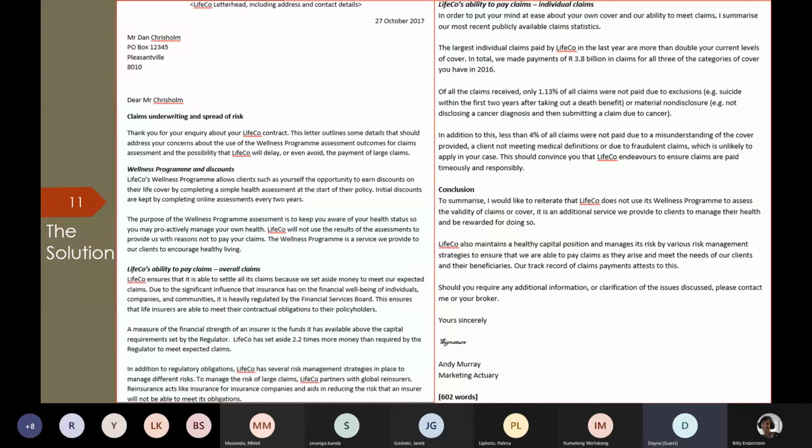So that's why I opened up with saying, I don't know if this is overkill, but to say, I trust this letter finds you well. I'm writing to you in response to your recent interaction with my colleague. And I just want to understand, is that appropriate just because the line of communication came from Bongani addressing Dan's or Mr. Chisholm's concerns?